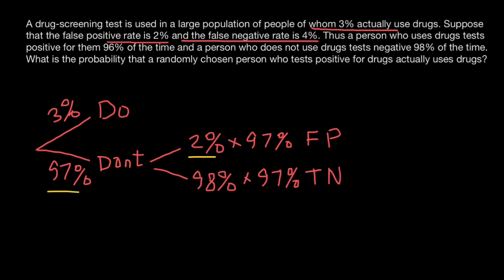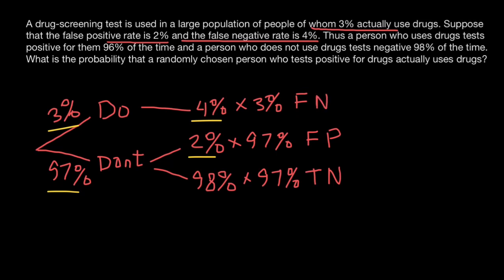So we put 4% here. Again, the frequency of this category is going to be 4% times 3%. So we have to multiply these two probabilities, and this is going to be false negative.